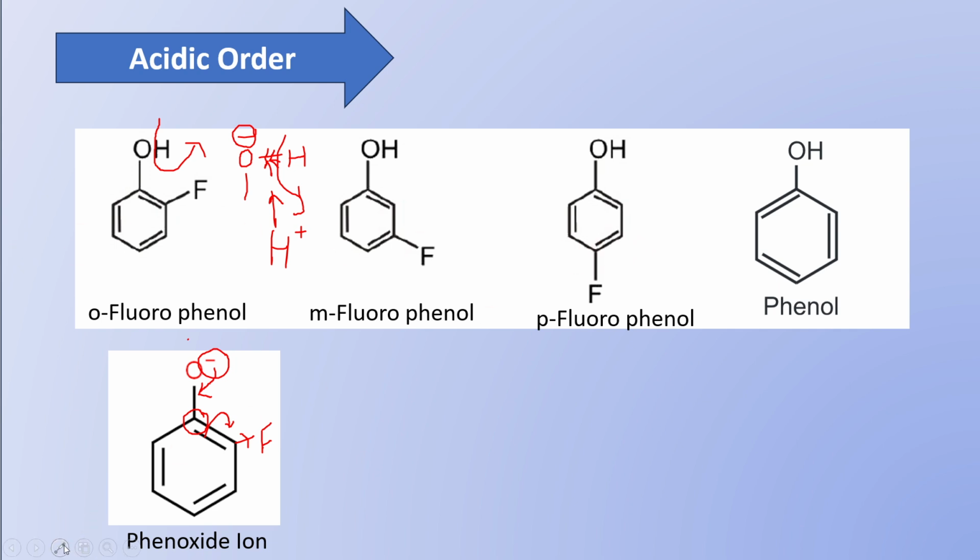So now we have understood that based upon the stability of the phenoxide ion, this is going to be the most acidic. Then metafluorophenol is going to be the next one, then parafluorophenol, and then phenol is going to be the least acidic. Okay, so this is the acidic order of these compounds.